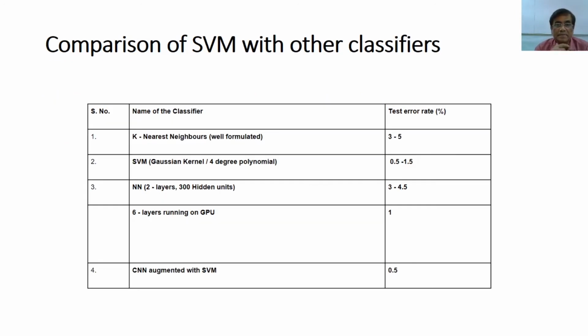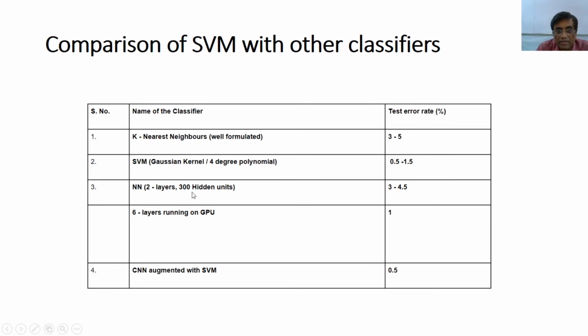Also, there is a comparison of support vector machine with other classifiers. You see, this is k nearest neighbor, well formulated, test error 3 to 5%. Support vector machine with Gaussian kernel, or you can also take a 4th degree polynomial kernel, the test error drastically reduces to 0.5 to 1.5%.